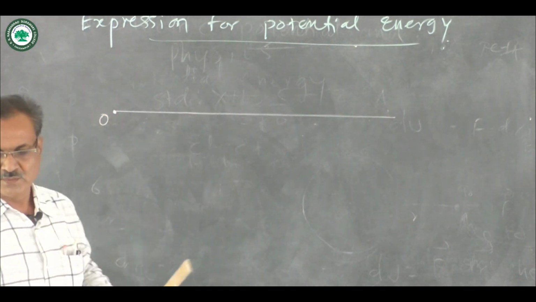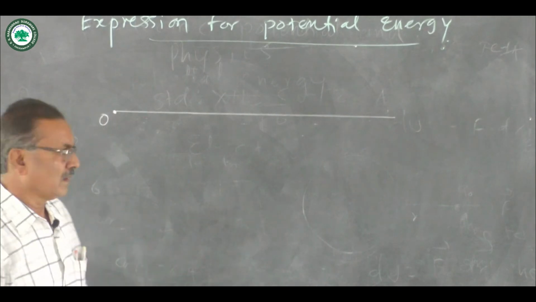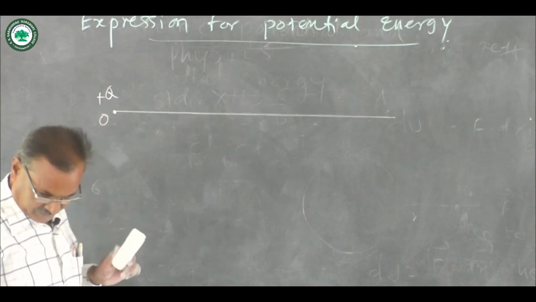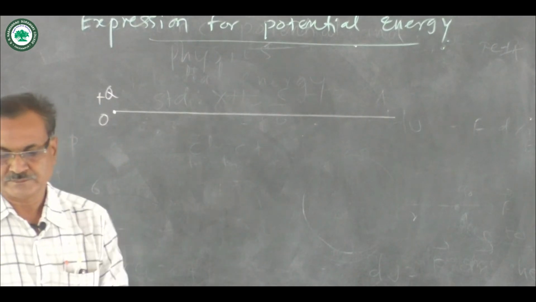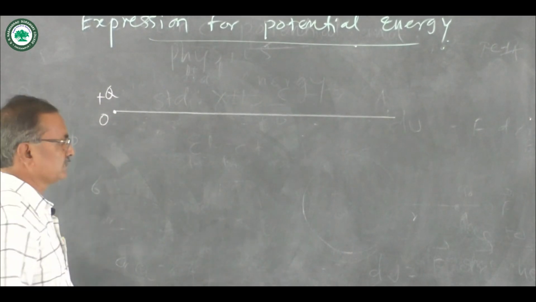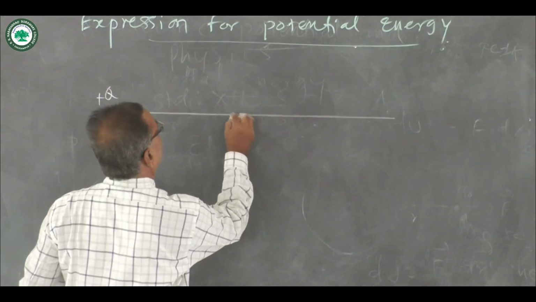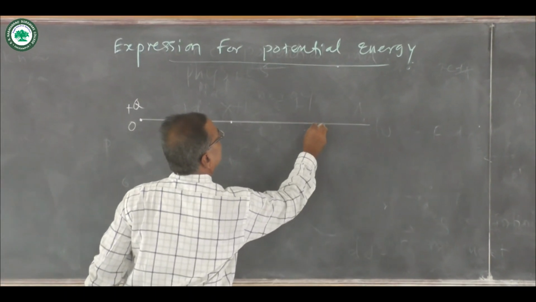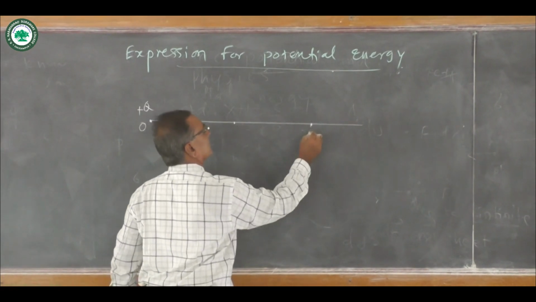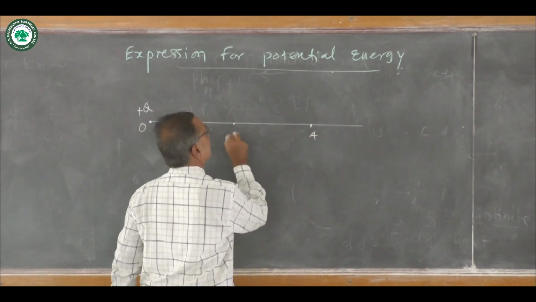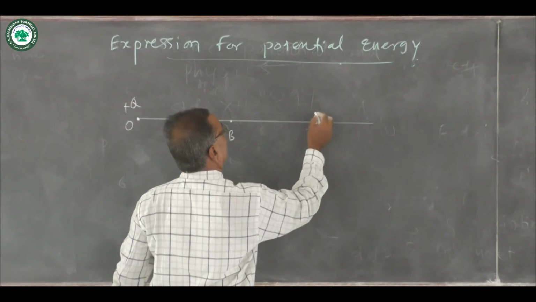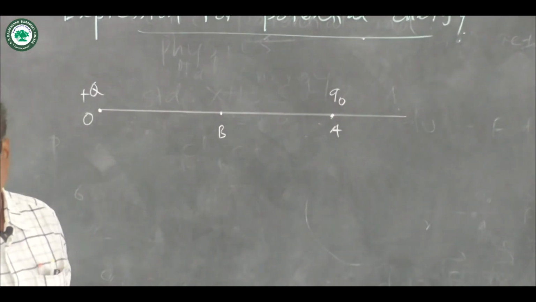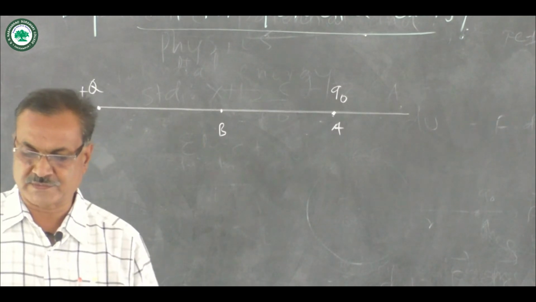Suppose at point O, positive charge Q is placed. There are other points, point A and point B. At point A, another charge Q0 is placed.